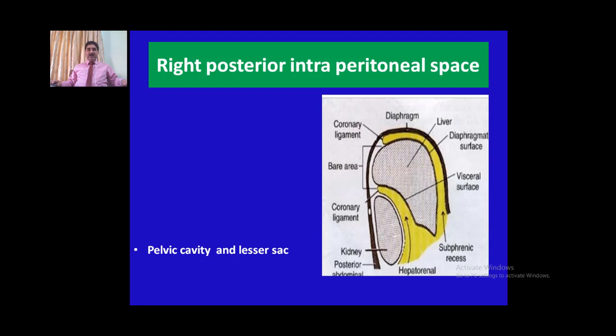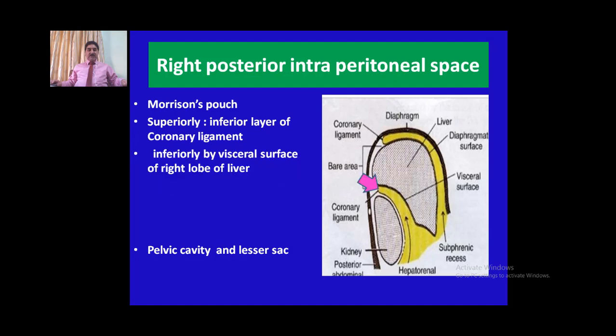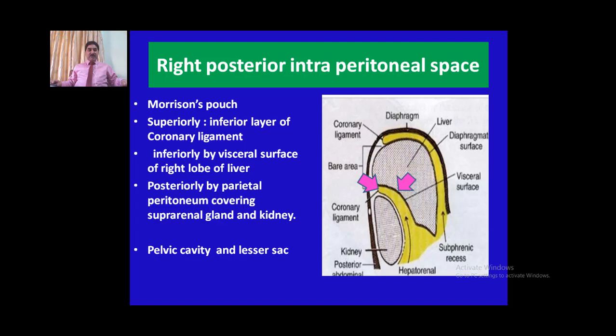Right posterior intraperitoneal space is very important clinically. It is also called hepatorenal pouch of Morrison or Morrison's pouch. Superiorly it is bounded by inferior layer of the coronary ligament, inferiorly by visceral surface of the right lobe of the liver, posteriorly by parietal peritoneum covering suprarenal gland and kidney.